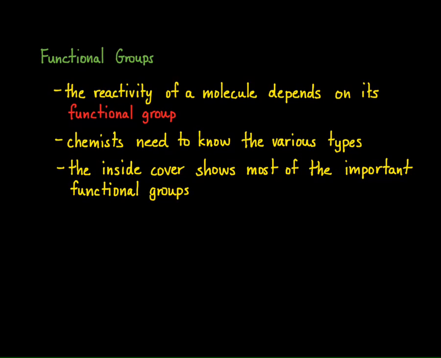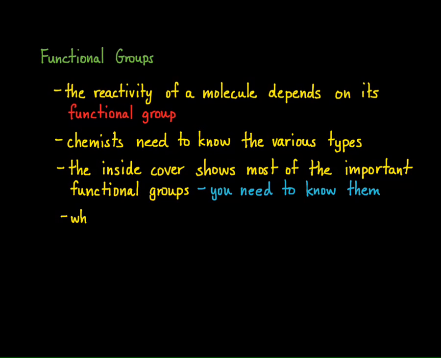The reason it's placed there is so that you can readily access that information. So the key is that you need to know them. Make sure you are reviewing them once a day or so until you can easily recognize the various types of functional groups and how they play out.